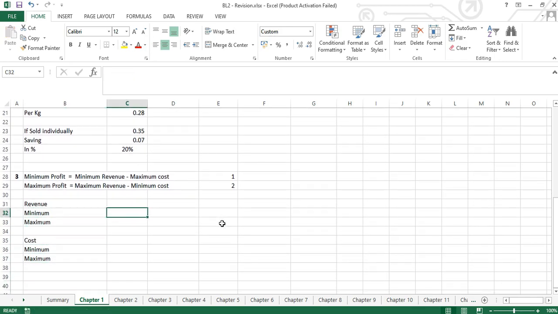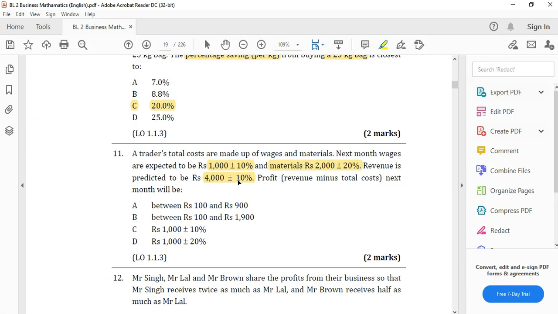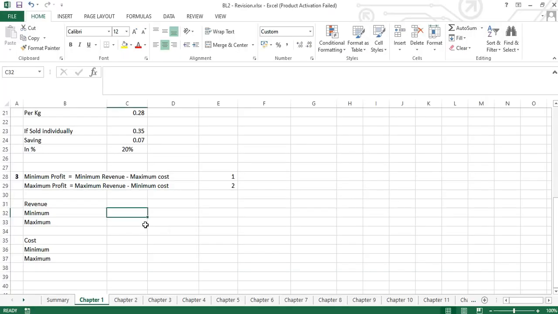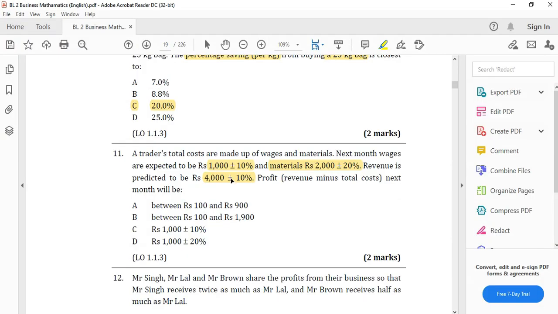Okay. Currently our revenue is 4000 plus or minus 10%. So for 4000, the minimum will be the minus portion, which is 4000 multiplied by 100% minus 10%. That is indicated by this particular minus sign.